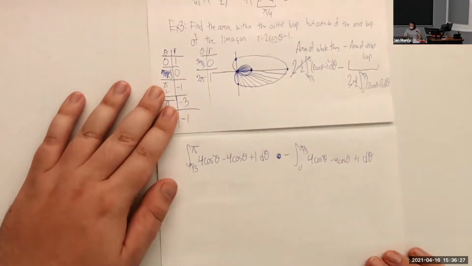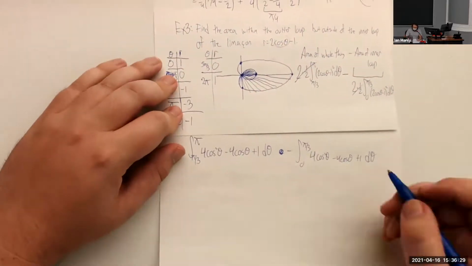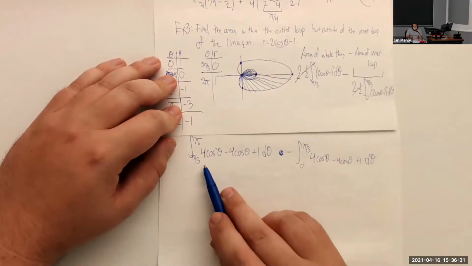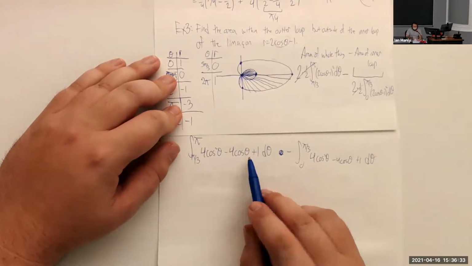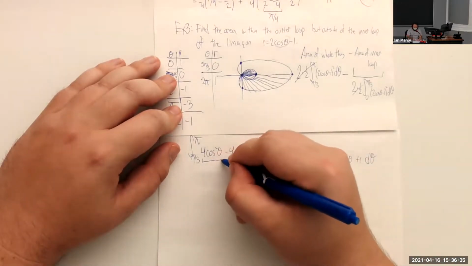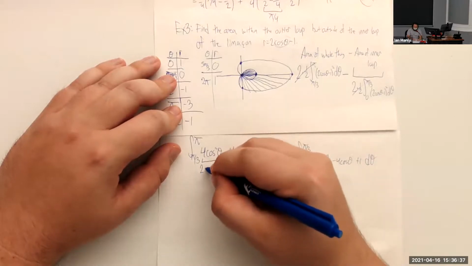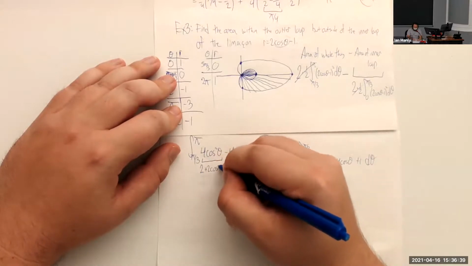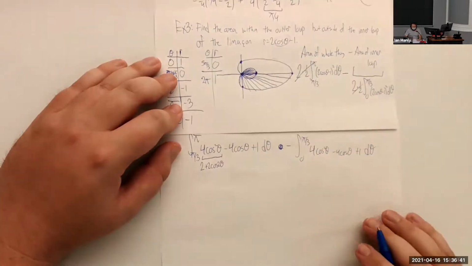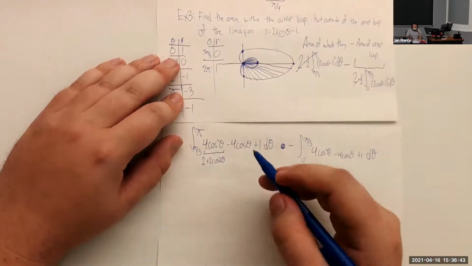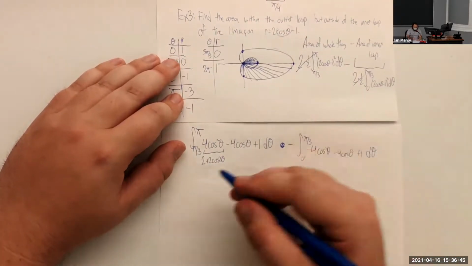All right. So let's see here. Let's do this integral here. Well, before I do that, I use the half angle on this. And this is 2 plus 2 cosine of 2 theta. All right. Now that I've done the half angle here, I integrate.